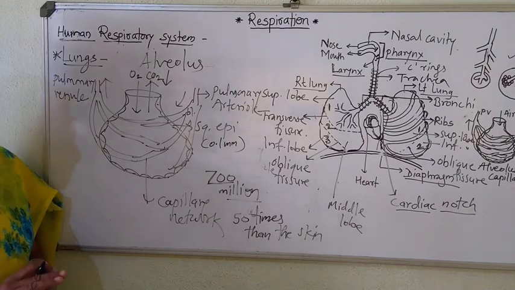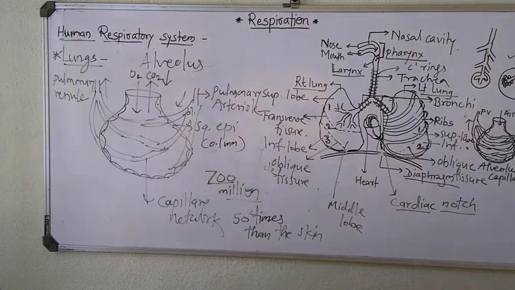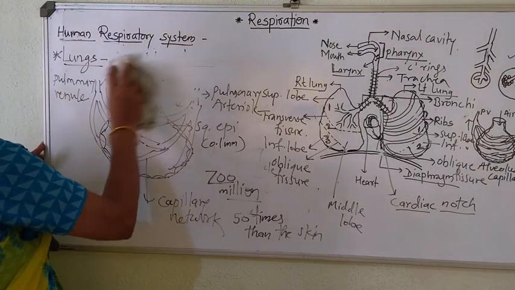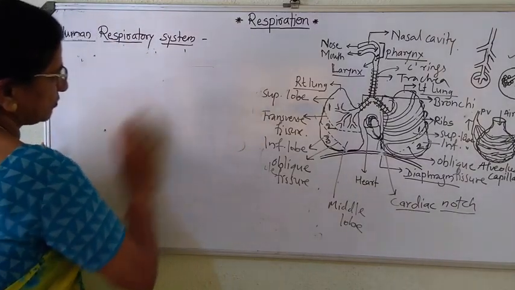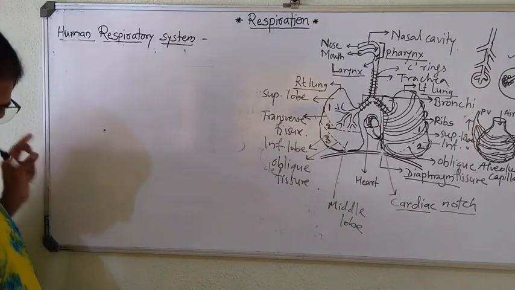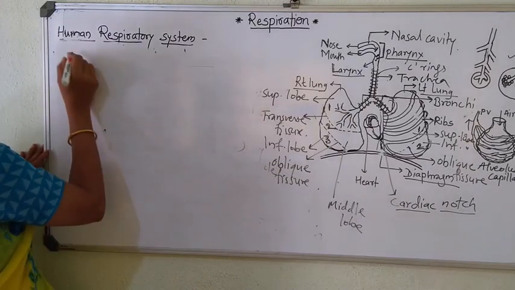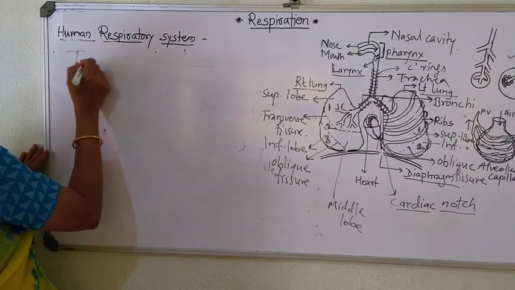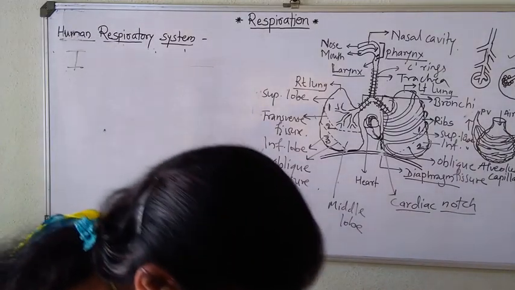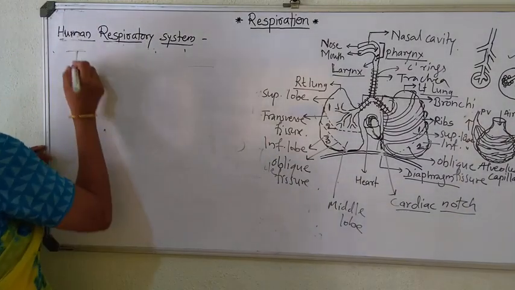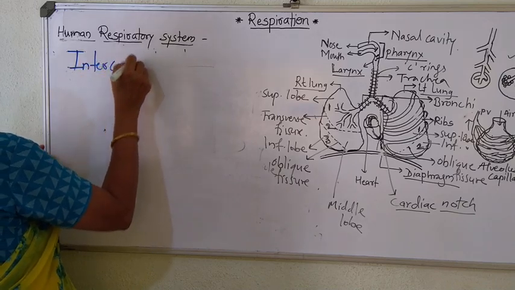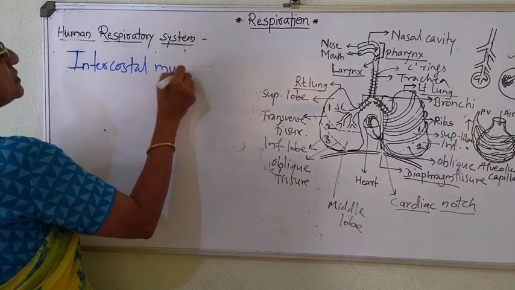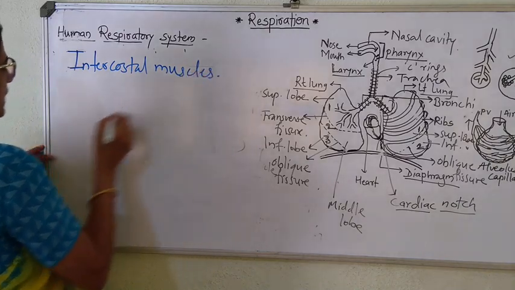So, here we complete the lung. The remaining two parts are intercostal muscles and diaphragm.